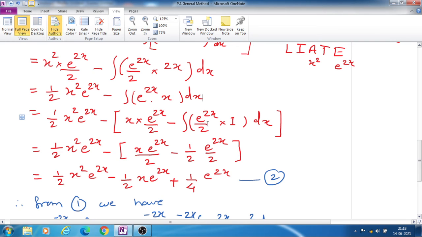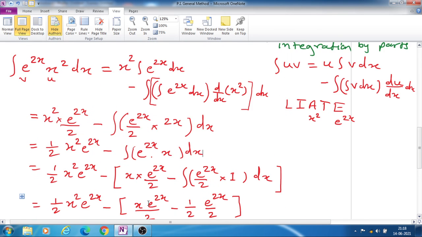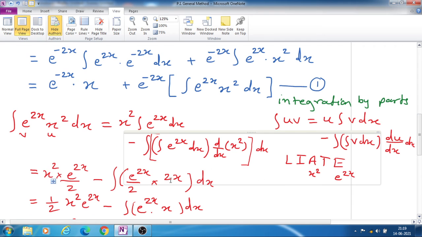So the integral of e raised to 2x is e raised to 2x upon 2. Therefore this is equal to 1/2 x square e raised to 2x minus 1/2 x e raised to 2x plus, now the bracket is removed, so the first term is minus and this minus term becomes plus, and 1 upon 2 into 1 upon 2 is 1 upon 4 and e raised to 2x. So this is the integral e raised to 2x x square that we had to find.